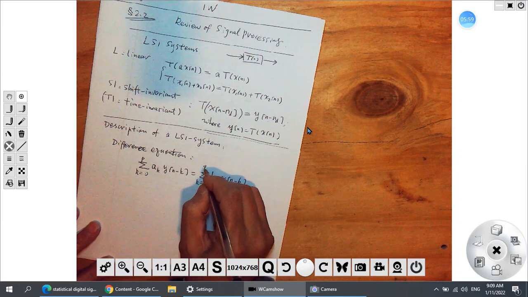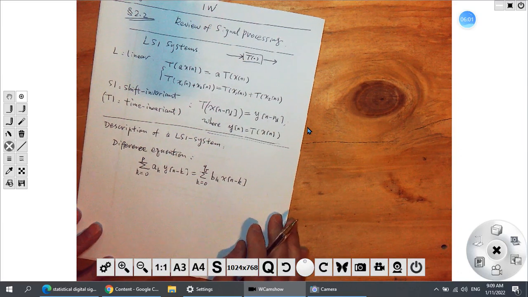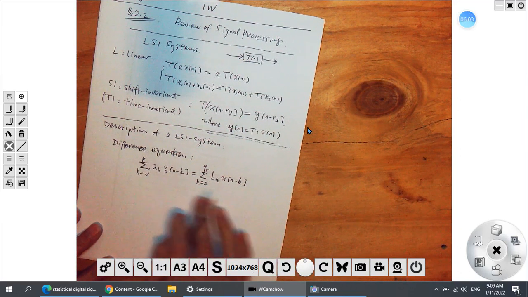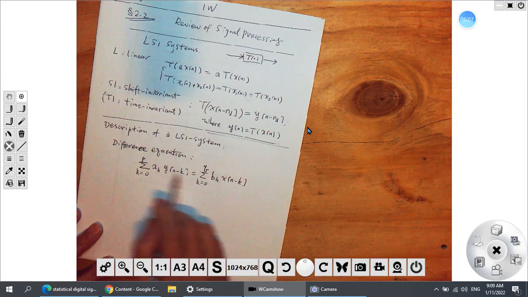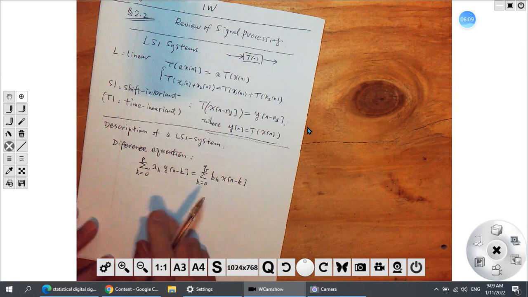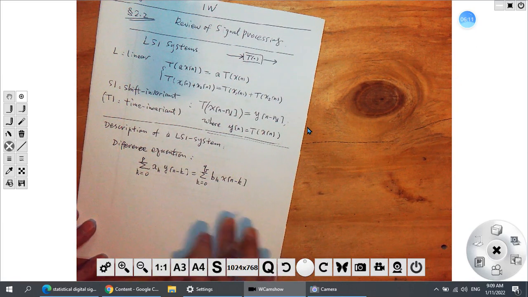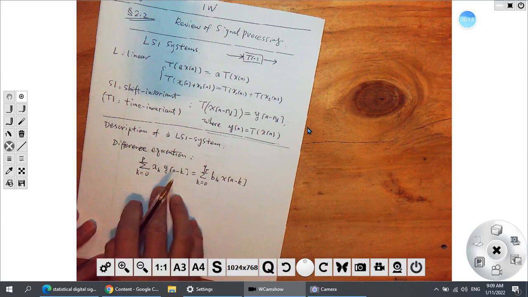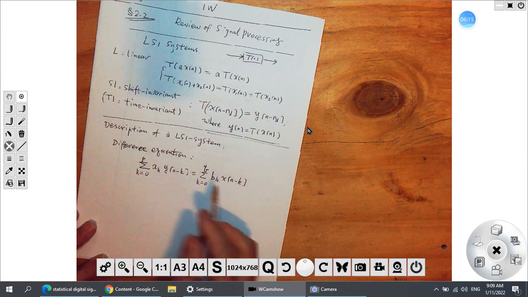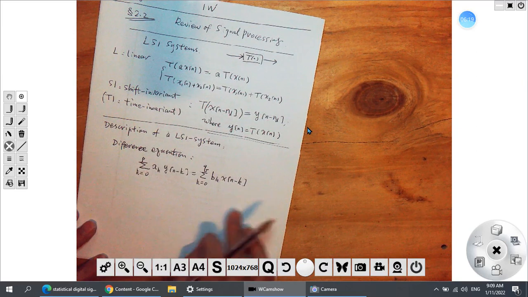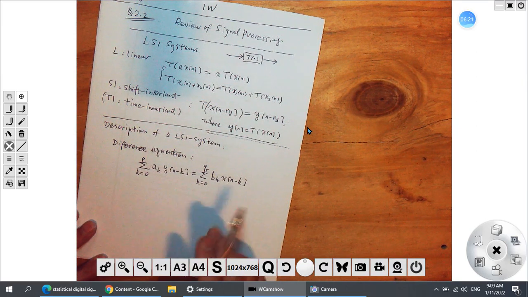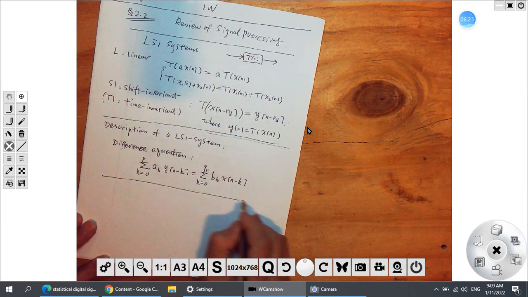P and q are other numbers. Usually this equation looks like this. With different a and b, you have different systems. Basically, any LSI system can be written by a difference equation.